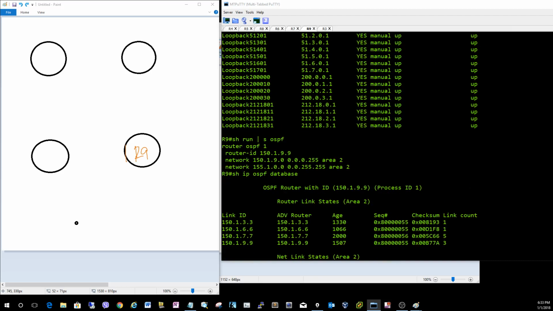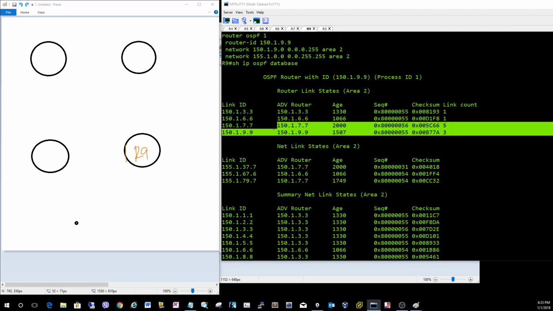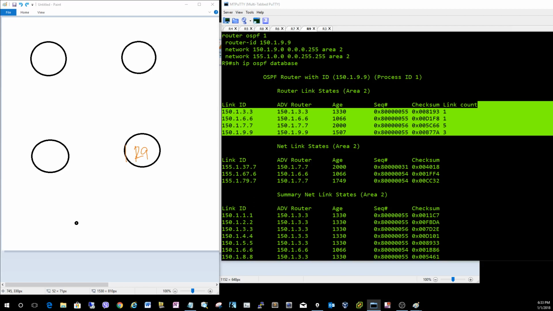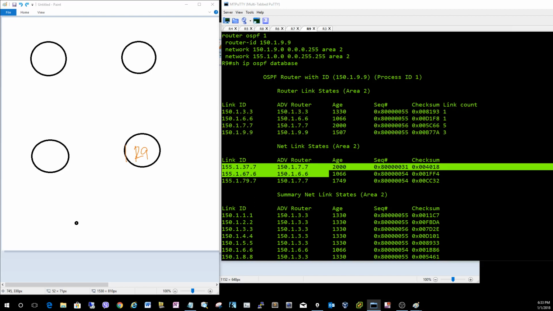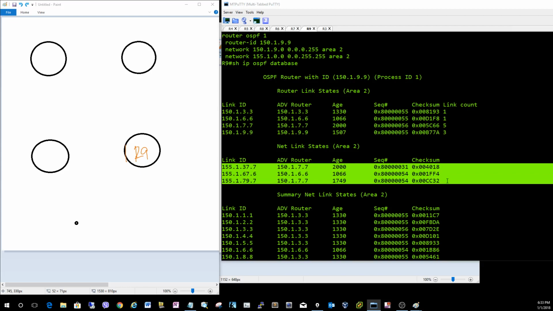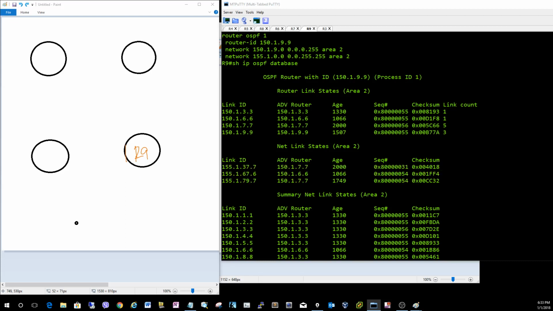So we know that there are 4 routers, and this section right here is the LSA type 2, which is the DR and the BDR. We can see that there are 3 segments in this area, and we're in this segment right here. You have the interface IP, and this is the router ID for that segment.